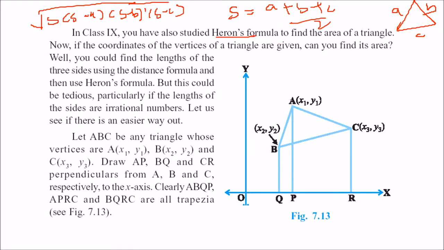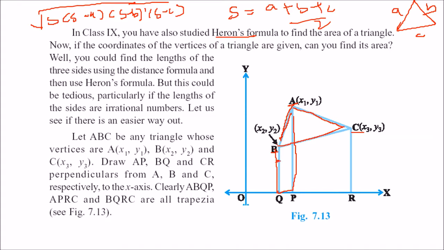But how about finding the area of a triangle if the vertices or points are given? See, in this triangle, this is A (x1, y1), this is B (x2, y2), and this is C (x3, y3). If you want to find the area of this triangle, what you can do here is, see, this is one trapezium. Why is this a trapezium?